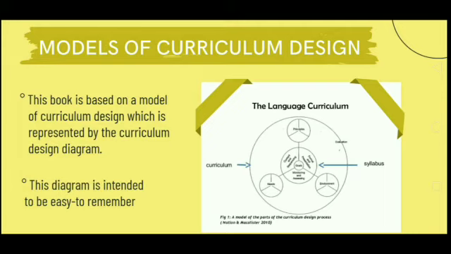This model is also adequate for teachers because it is very readable and easy to remember. In this section, I will show you how this diagram model can be helpful for teachers and try to match and compare the language curriculum design model used in this book with several other models of curriculum design. We go to the next slide.